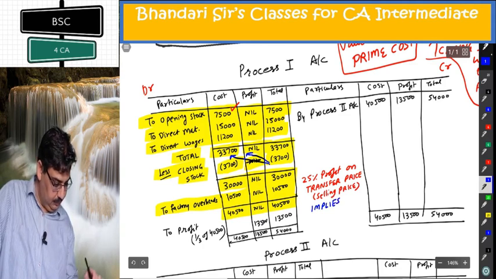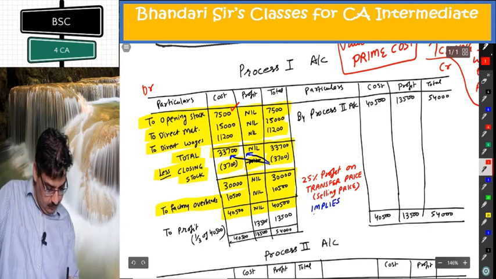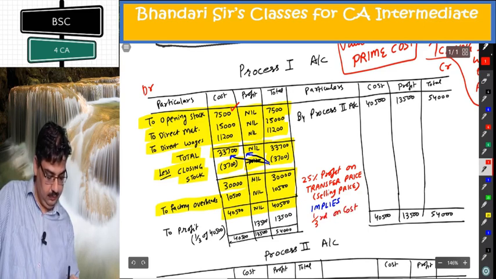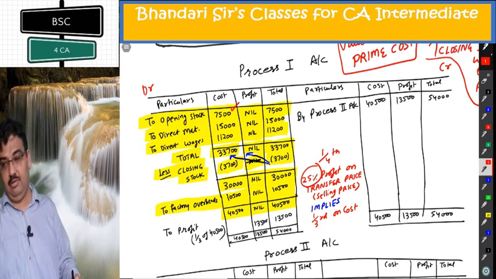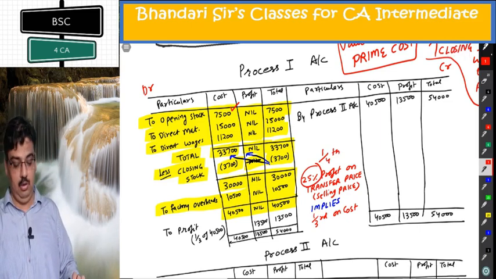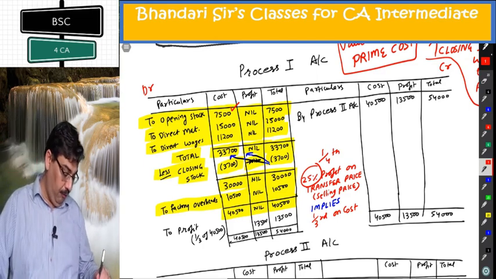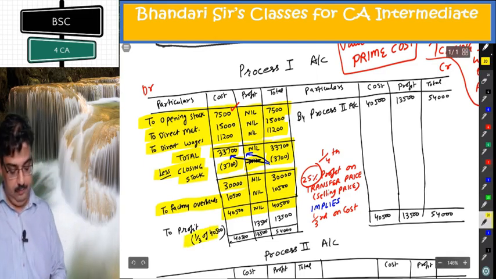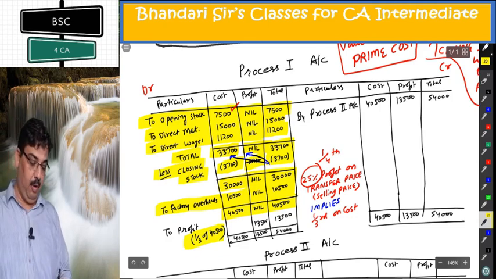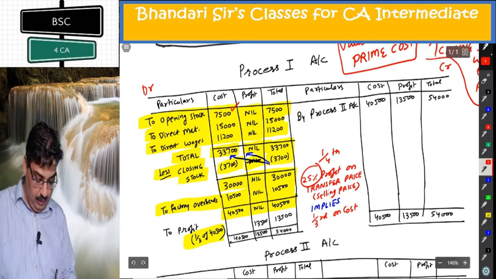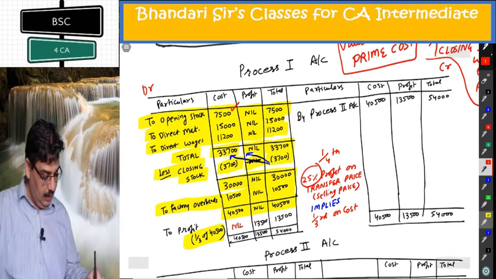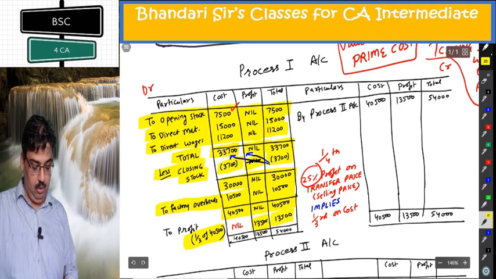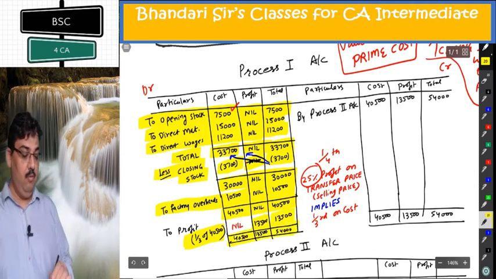This implies one third on cost. 1/4 profit on transfer price means 1/3 profit on cost. So 1/3 of which column? Of the total column. 10,500 is profit. Profit is not to be put in the cost column. Company cost will not change. You will put that in the profit column, total column. This is total. Very important.